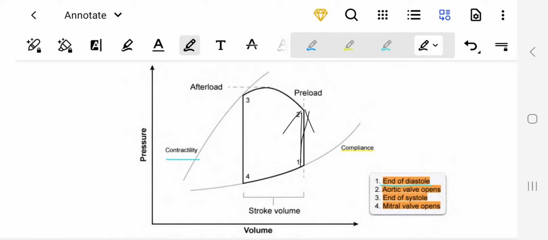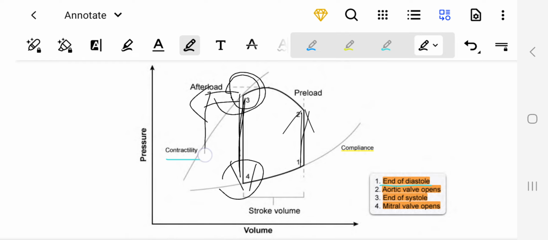Then again the pressure will go down. Then this is the fourth point, where the mitral valve will open. If we look at the third point, the pressure is high, so the mitral valve will be closed and there will be no flow from the left atrium to the left ventricle.